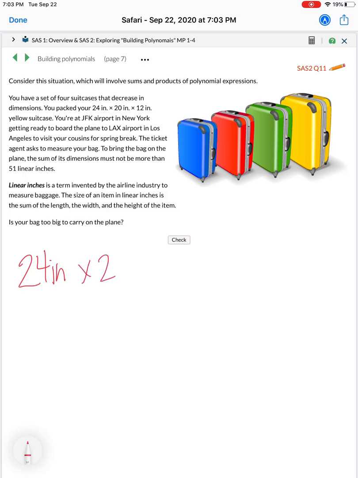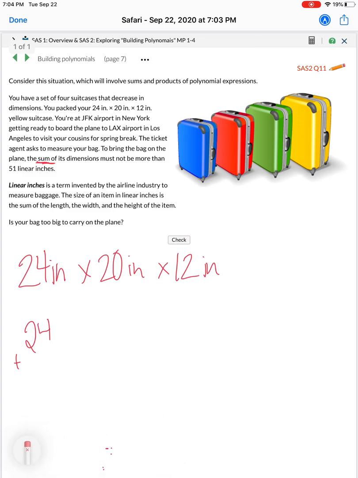All right, so we have a 24 inch by 20 inch by 12 inch yellow suitcase. It says to bring the bag on the plane, the sum of its dimensions must not be more than 51. So, when it says the sum, you have to add each dimension.